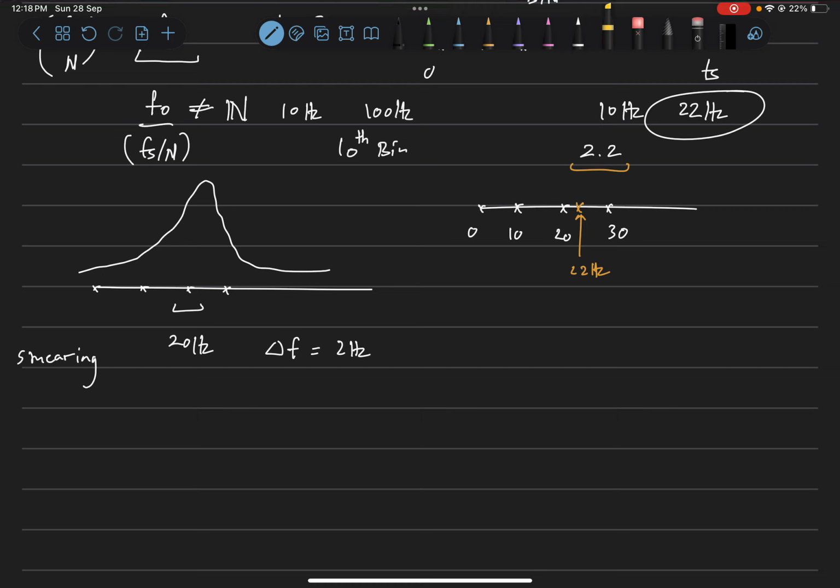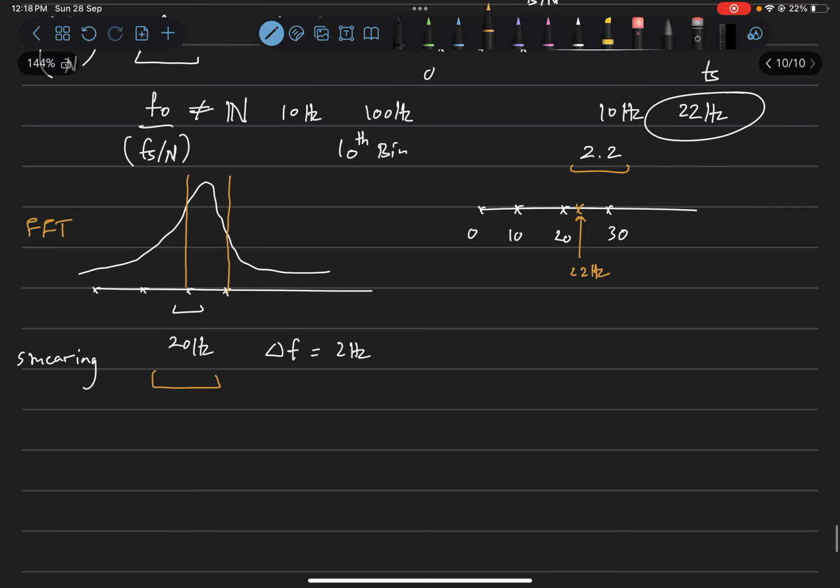So what it does is, it smudges the line between the two bins. 20 hertz will give you a sharp straight line here, 30 hertz will give you a sharp straight line here, but something that falls in between these two will sort of smudge out in between these two intervals. So the FFT plot will not look clean. That is the first issue. And the second issue is that you will have some error in estimation of the frequency, because it will not fall exactly on top of these bins.